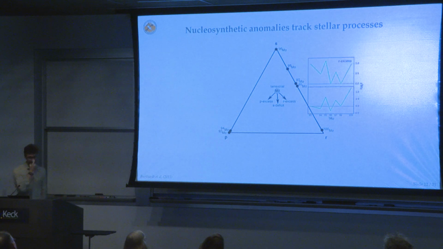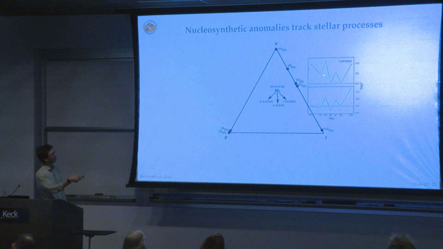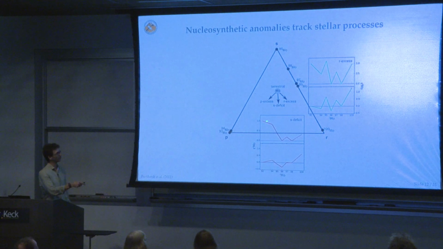And the way we can distinguish these processes is that when we do this internal normalization exercise that I just showed you, if you focus on the top panel here, we normalize to 96, 98, and the R process will look like this VW pattern. Now the S process will look like just a single W pattern.